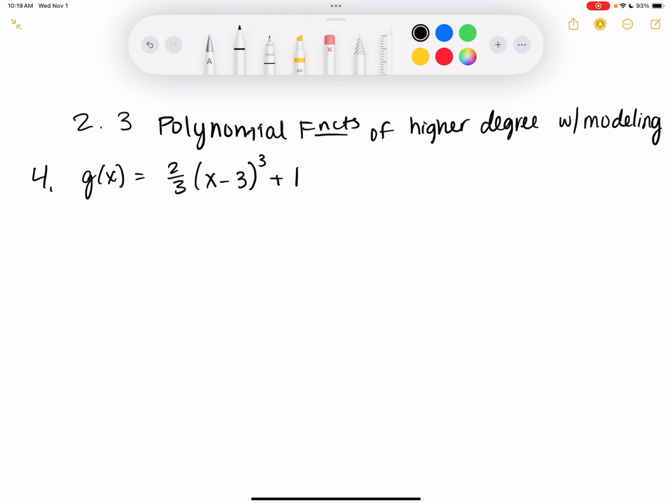What shifts and things are happening with this one? It's compressed. What else? Right 3 and up 1.